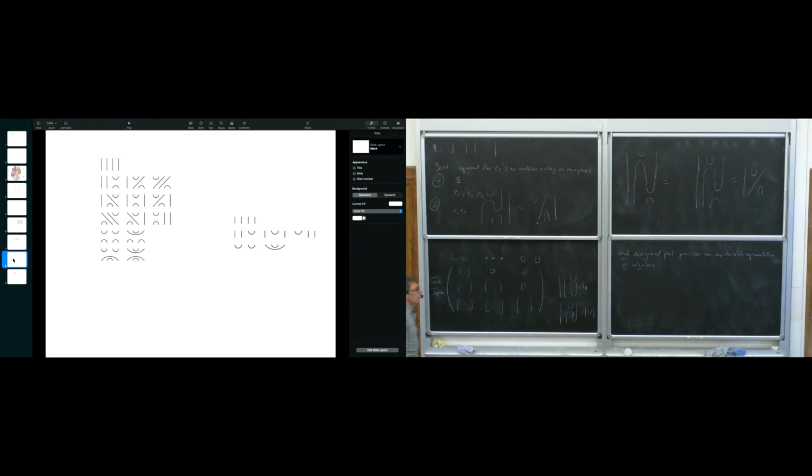For instance, if I look at the action on the diagrams with 4 strings, what kind of representation do I get? Well, the identity on 4 strings acts as the identity.